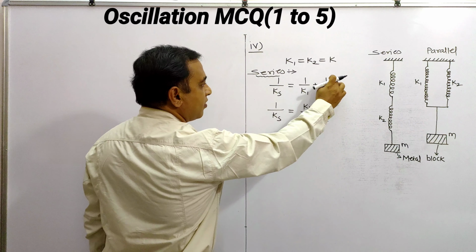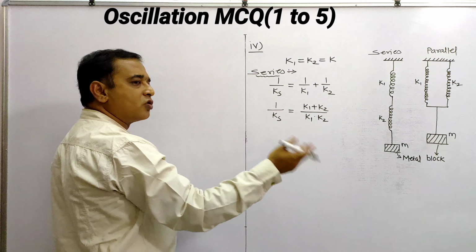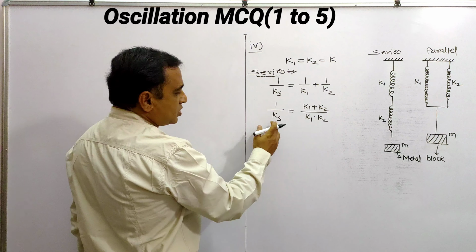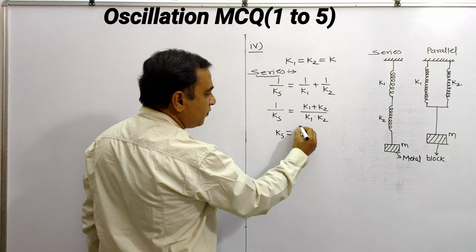K2 plus K1, or K1 plus K2, is the same. So Ks is equal to K1 into K2 divided by K1 plus K2, taking the reciprocal.